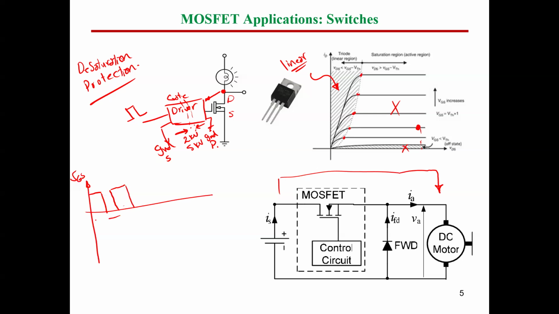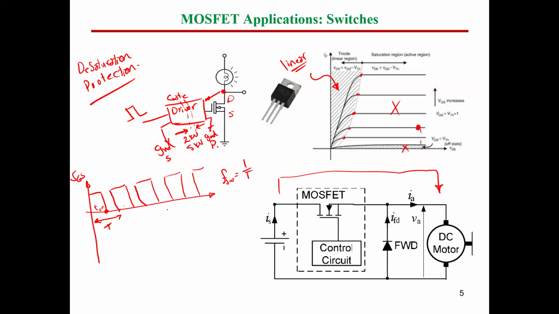So this is a certain period T, and this here is called T on, and this will be repeated for many cycles like that. So you will have a certain switching frequency for sure. Switching frequency equals 1 divided by the period T.